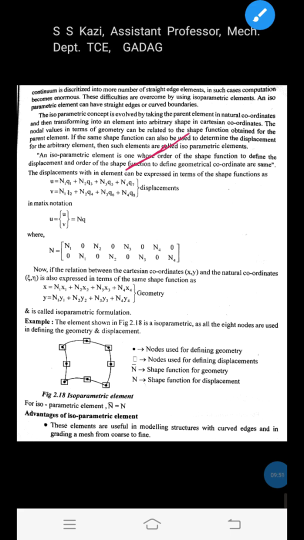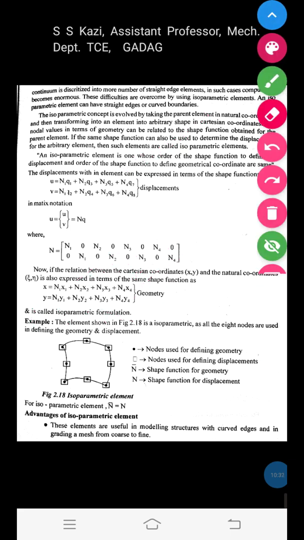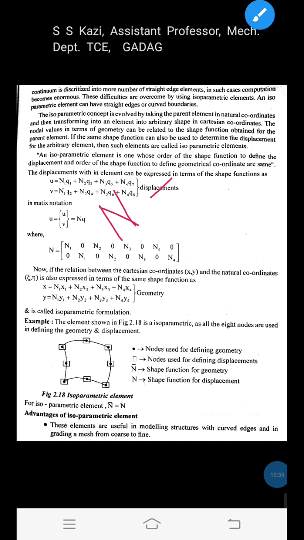If the same shape functions n1, n2, n3, n4, expressed in natural coordinates zeta and neta, are used to define the geometry, that is x is equal to n1 x1 plus n2 x2 plus n3 x3 plus n4 x4, and y is equal to n1 y1 plus n2 y2 plus n3 y3 plus n4 y4, where x1 to x4 and y1 to y4 are the x and y coordinate values of nodes 1, 2, 3, 4, then these elements are called isoparametric elements, that is n is equal to n bar.